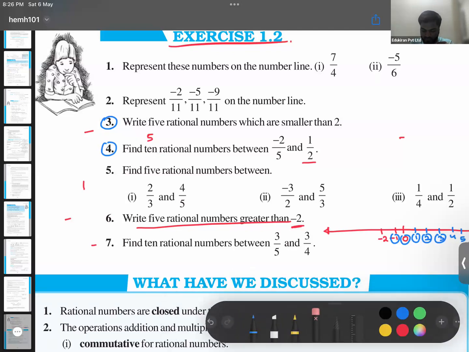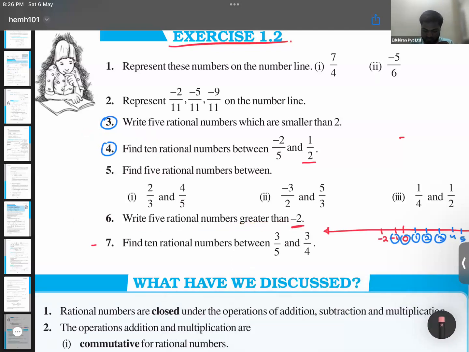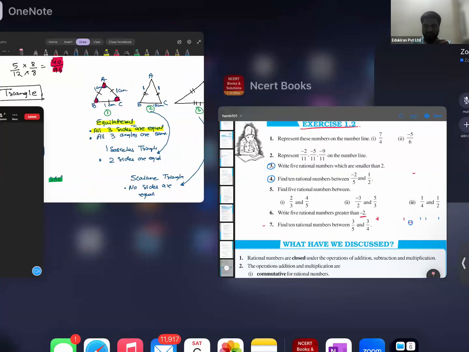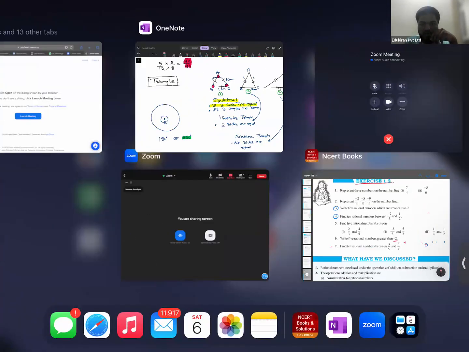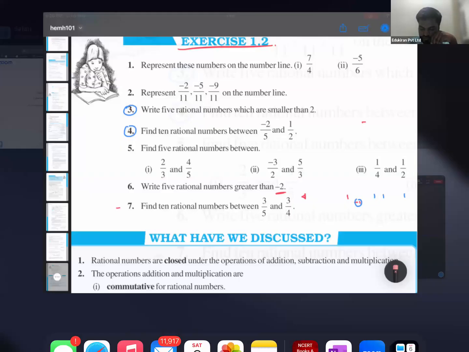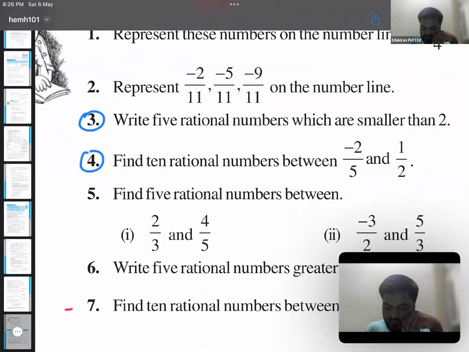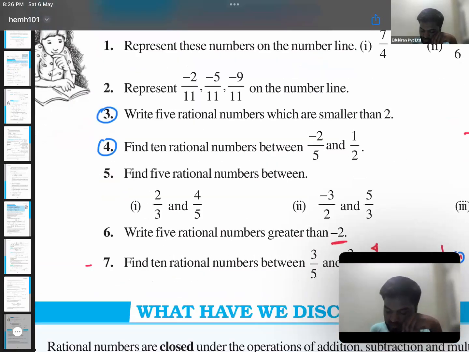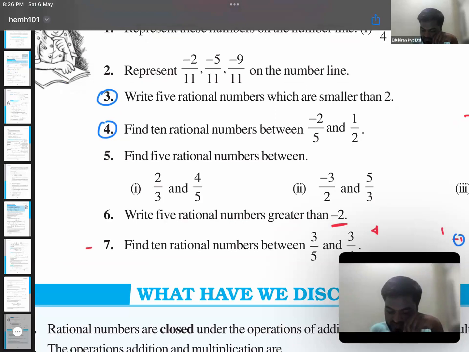Solve these two questions. You can actually add one more question, question number 7 as well.